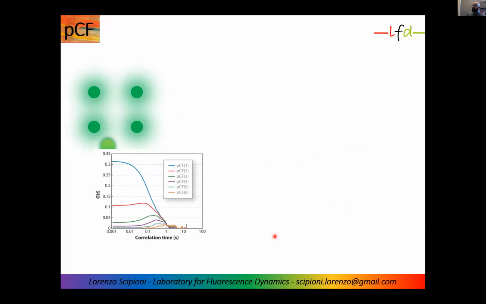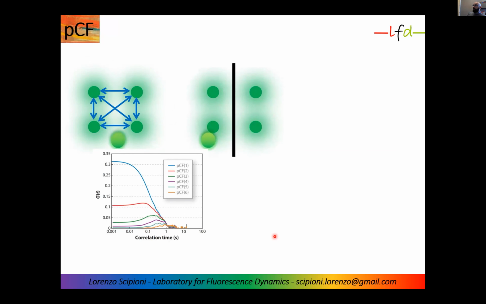Pair correlation function, this is a sort of summary of everything. Pair correlation function tells you how the points around the points that you illuminate are connected with each other, right? So in a solution, there will be no delay between diffusion from one point to another.